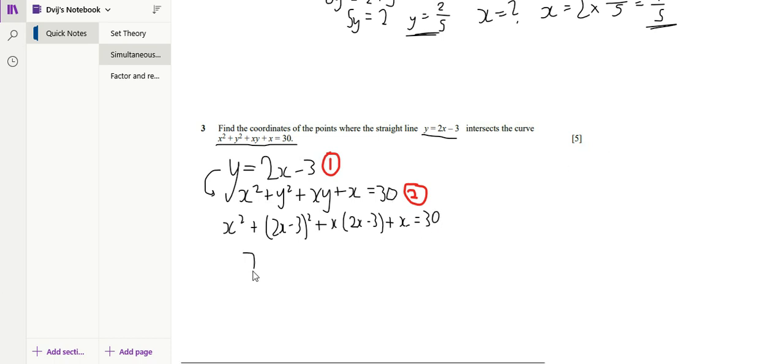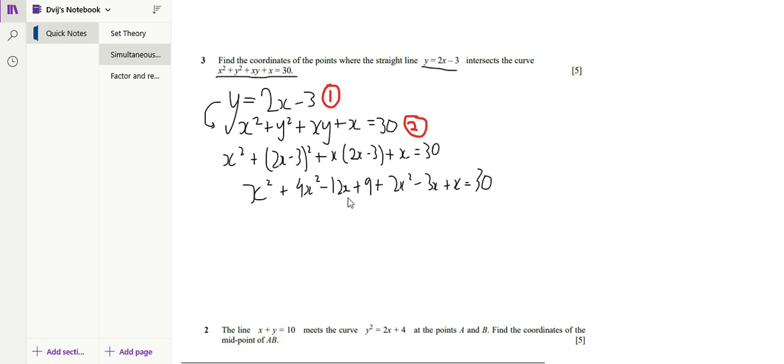Cool. So let's go ahead and do some of this expansion. So that's going to be 4x squared minus 12x plus 9 plus 2x squared minus 3x plus x is equal to 30. Excellent. And this is a pretty standard quadratic. We've got our x squared terms, we've got our x terms, and our constant terms.